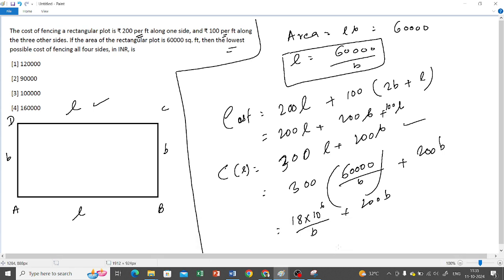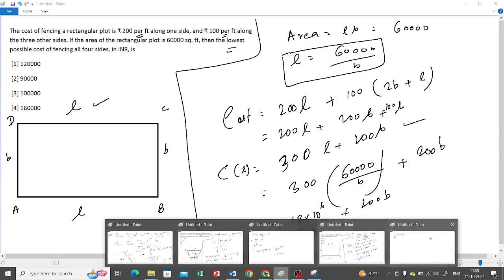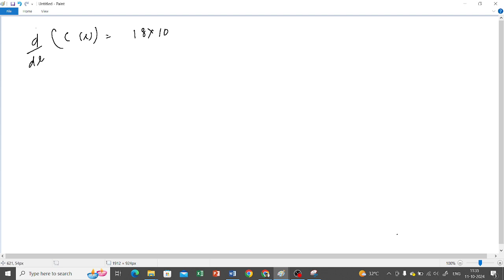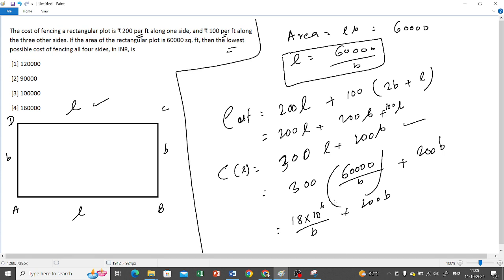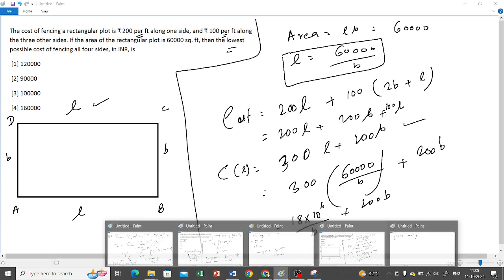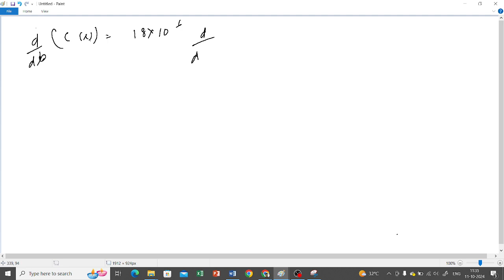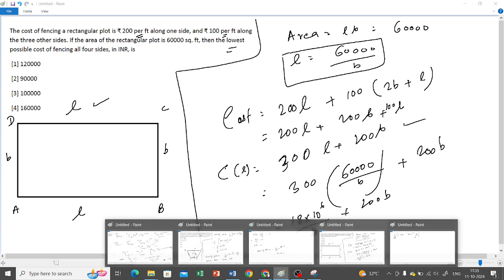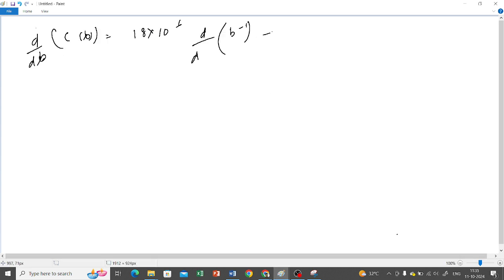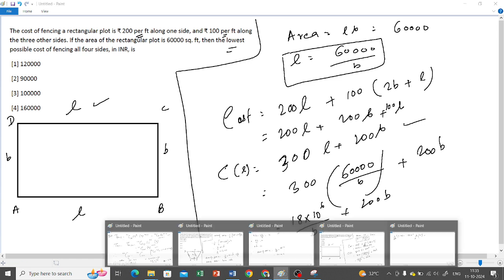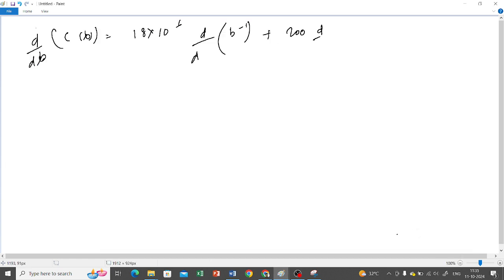I don't know whether you remember derivative or not. So 18 into 10 to the power 6 is a constant, so it comes out, and the derivative of B to the power minus 1, and then 200 into the derivative of B with respect to B. See, the derivatives are very easy, but you have to identify that this is a derivative sum.